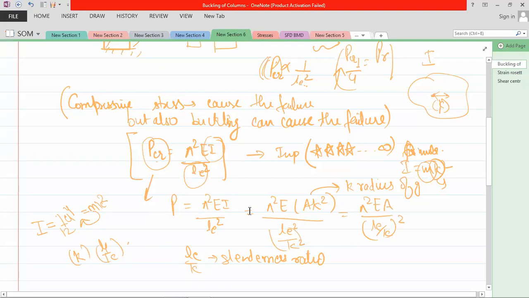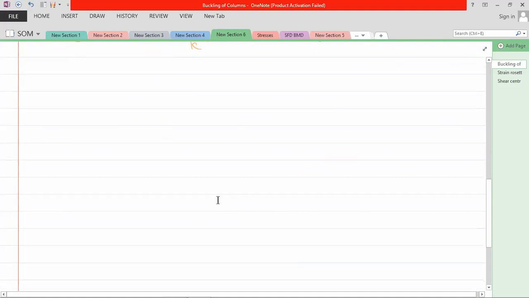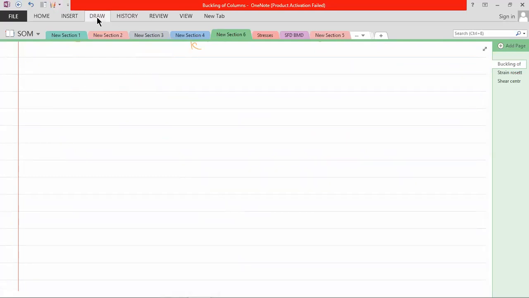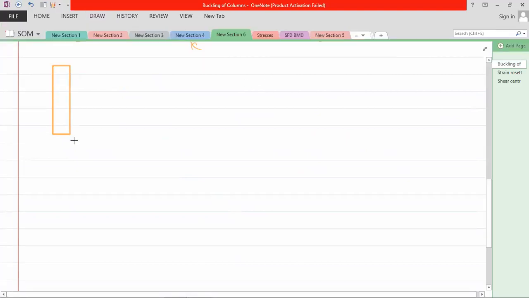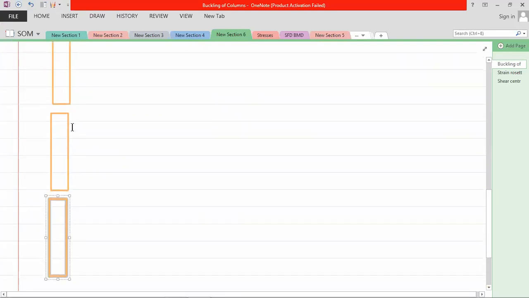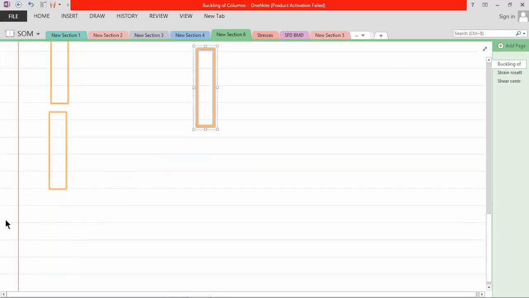Now, different types of boundary conditions for the buckling condition. So I'm drawing these things. Suppose this is your first body.